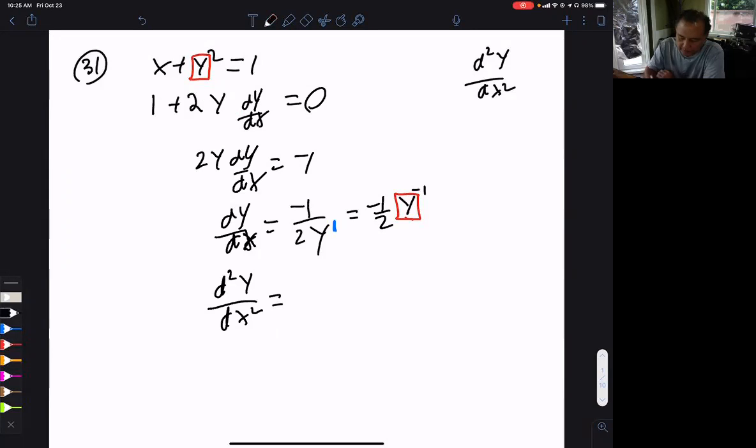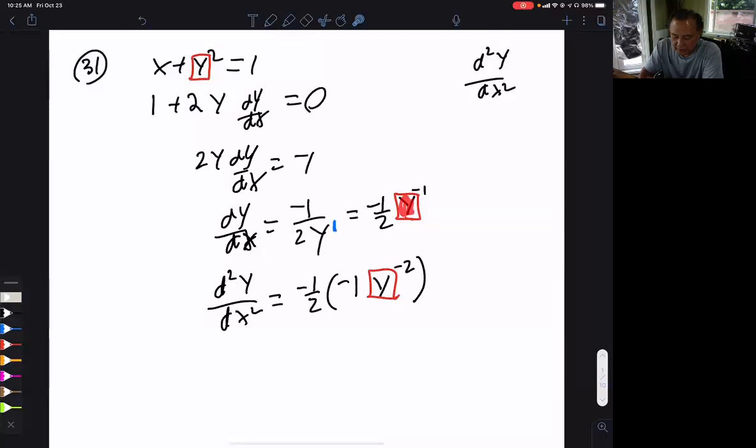So now this problem becomes negative 1/2 box to the negative 1. So when we take the derivative, the constant gets copied and we take the derivative of box to negative 1. Well, that's a power rule. You bring the negative 1 in front and you subtract 1 from the exponent, it becomes negative 2. But remember, this is box.